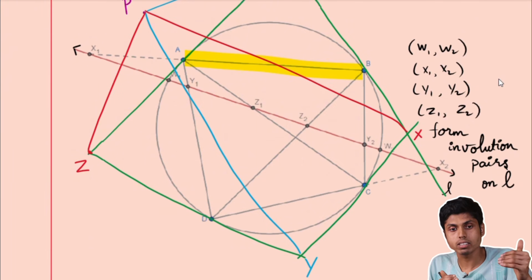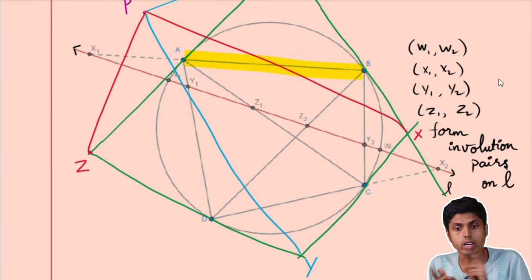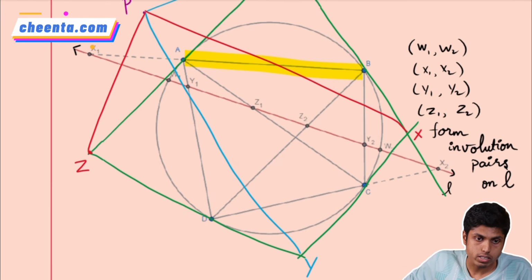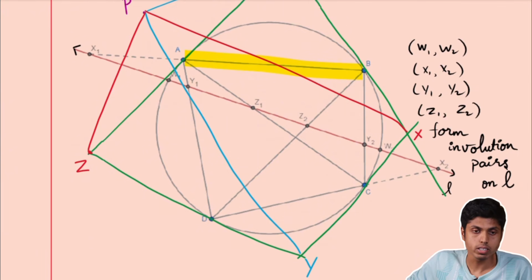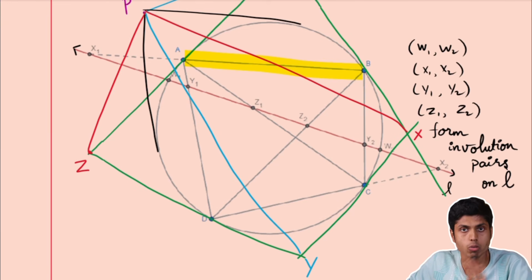Then we construct the lines with P, and that creates the two polars associated with Z1 and Z2. For W1 and W2, the polar of W1 is just tangential to the circle and it also passes through P. Therefore, constructing the two tangents from P to the circle shall give you the polars of W1 and W2 in some order. So they form four pairs of lines that are concurrent at point P, thereby four involution pairs.